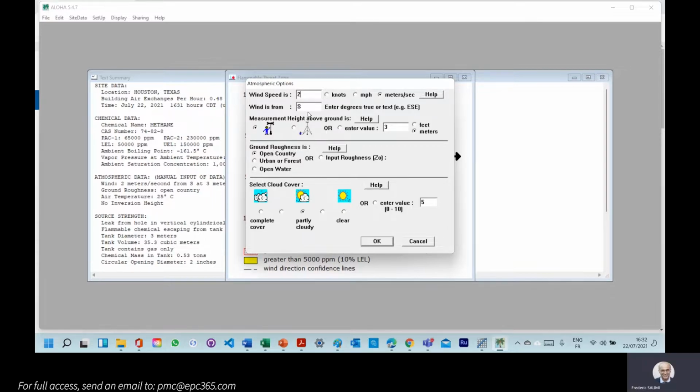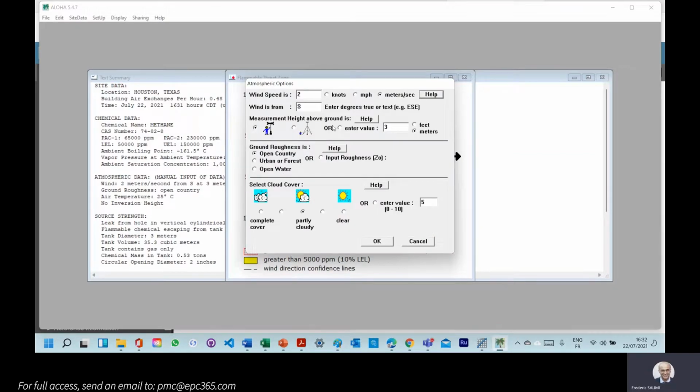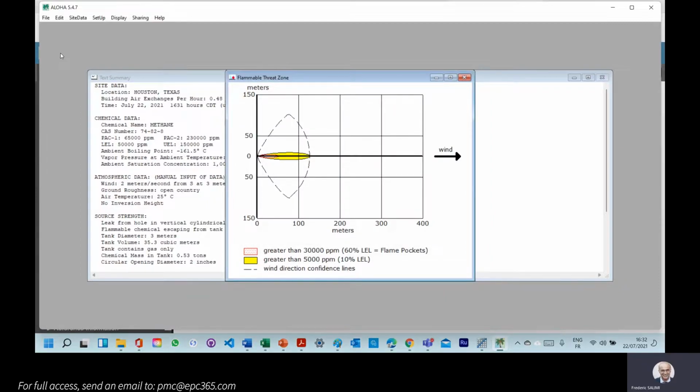We can change the direction, and later in Marble we can see how it goes. There is a help in all the items that helps you understand what to write in the input data.